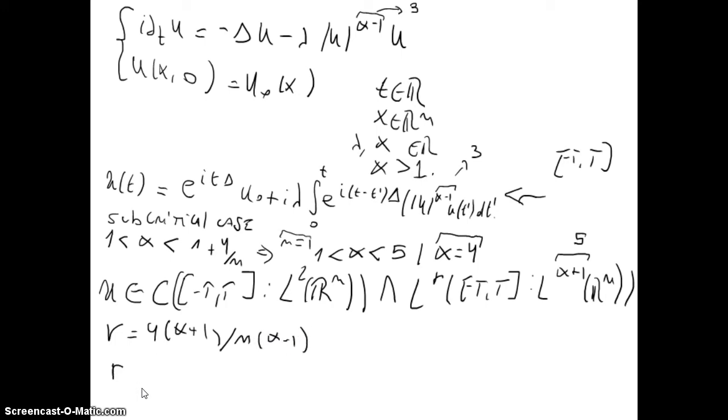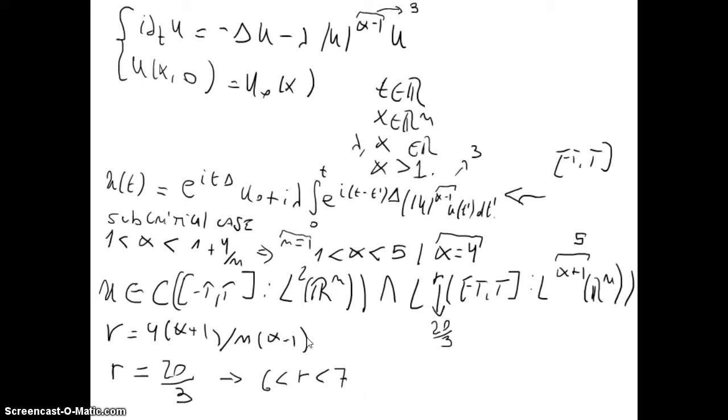So what is going to be r in this case? Well, this is 4 times 5 is 20, over 1 times 3. This is our r. We can say that in this case r is going to be 20/3. So r is between 6 and 7.